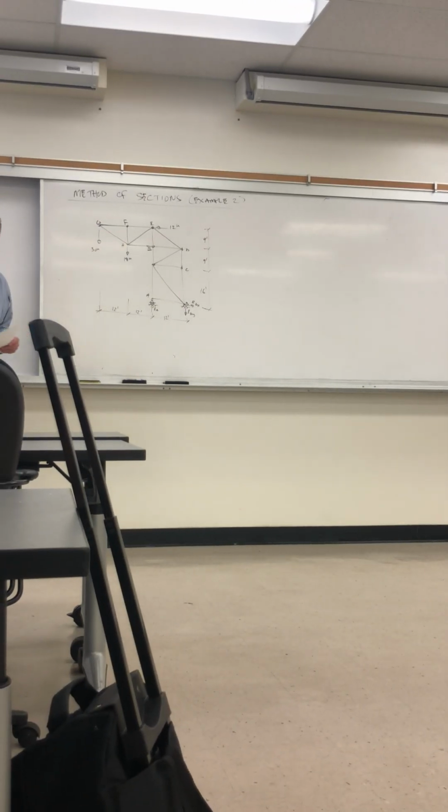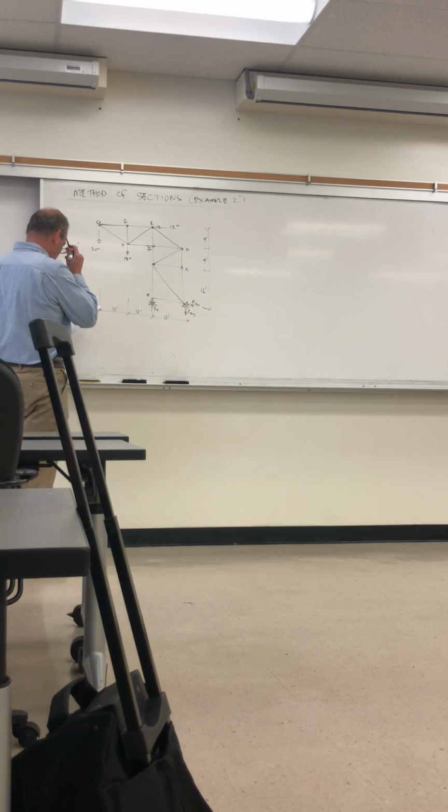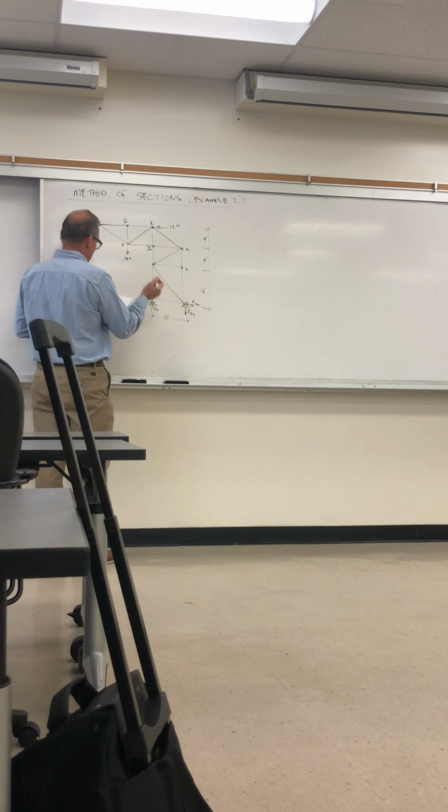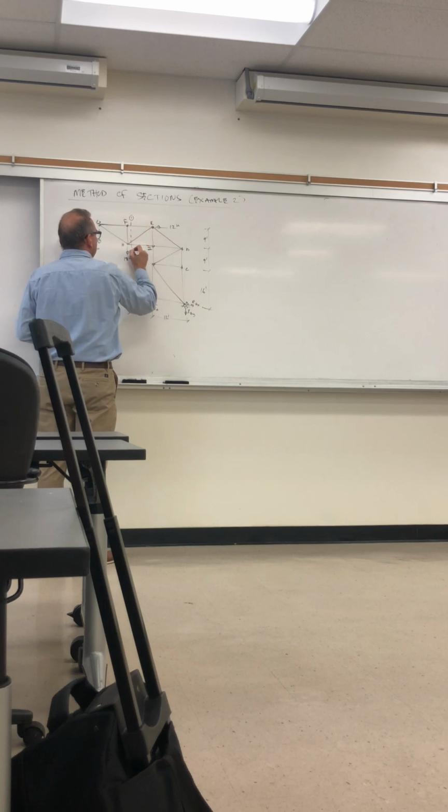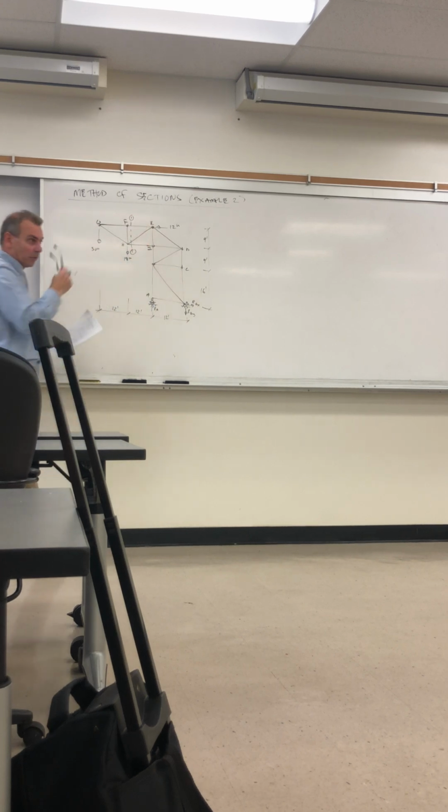We're going to take different section cuts and see how we would do that in a problem like this. We have section 1-1, let's say just to the right of F and H. That's a vertical cut all the way through the structure.